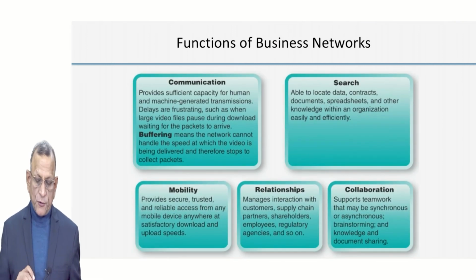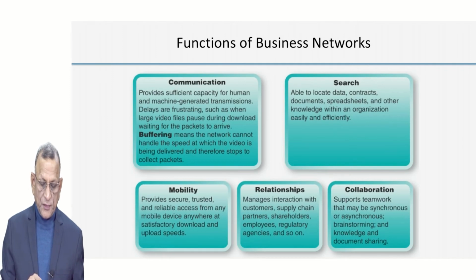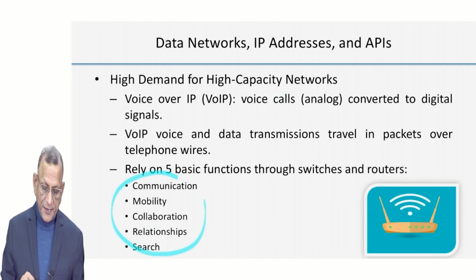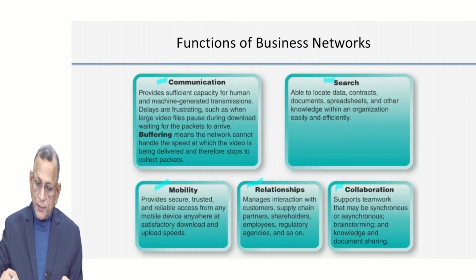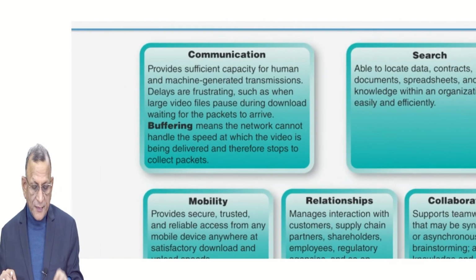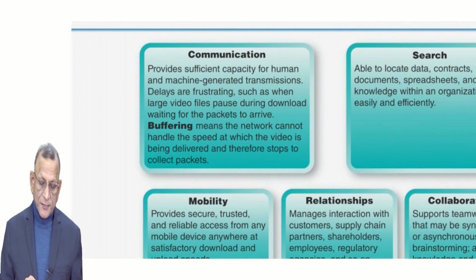What are the functions of business networks? 5 functions are there: communication, search, mobility, relationship and collaboration. This is what we have seen here. Let's know more about each one of the functions. One is communication. It provides sufficient capacity for human and machine generated transmissions.